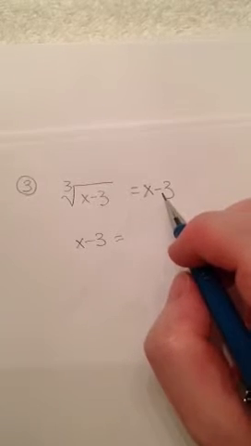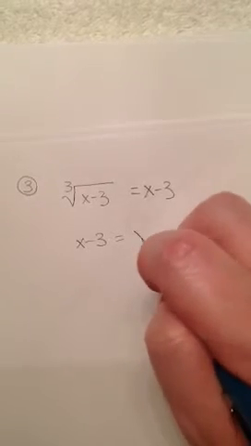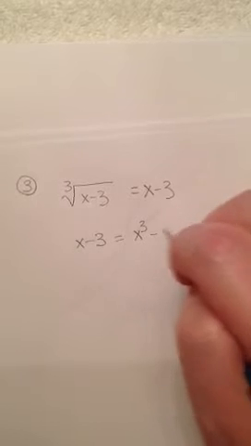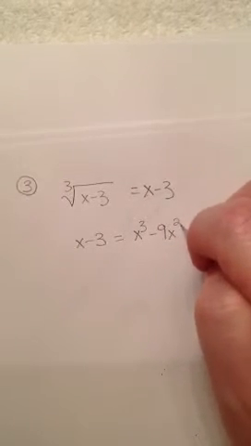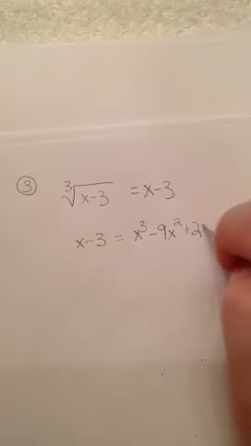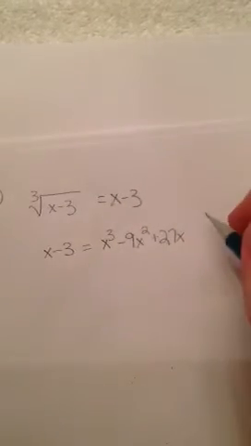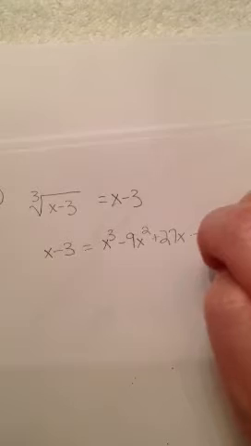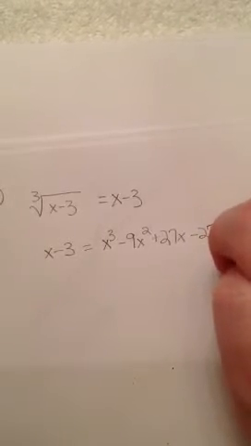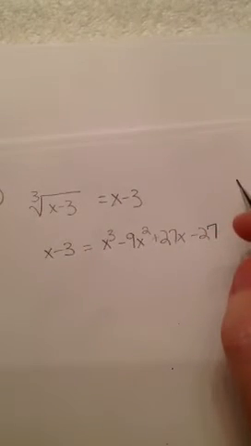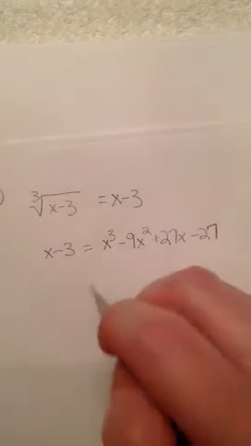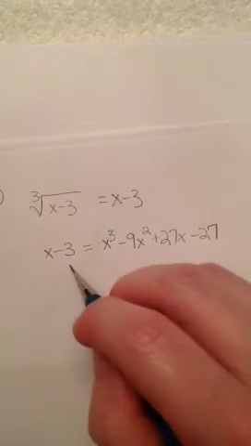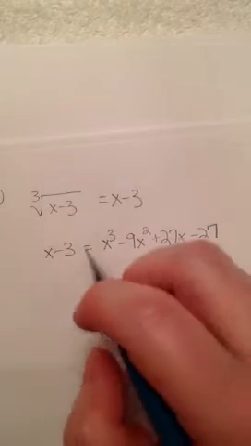And the cube of the right hand side will become a 4-term polynomial, whereupon we have x cubed minus 9x squared plus 27x minus 27. And if we set this up in standard form, we can take away both x and the negative 3.